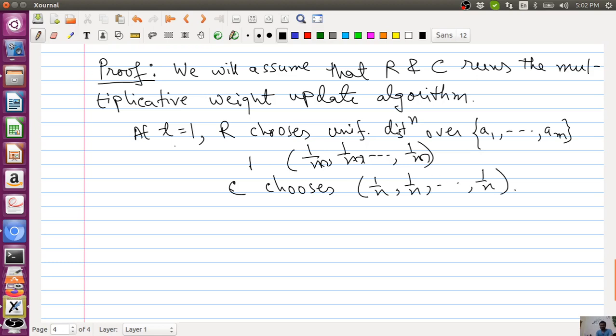So this is P1 and this is Q1, and in general P superscript T and Q superscript T are respectively going to be the mixed strategies chosen by the players at the tth time step. So at t equal to 1, this is what they chose.